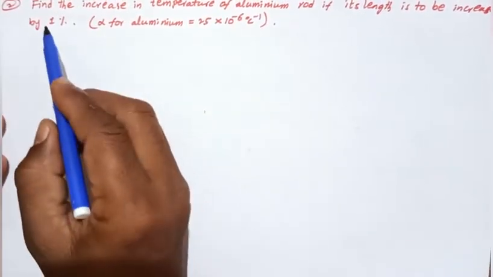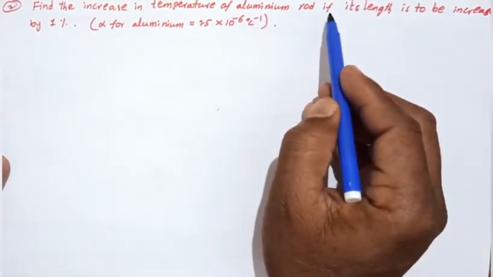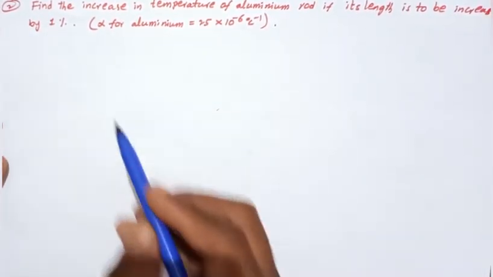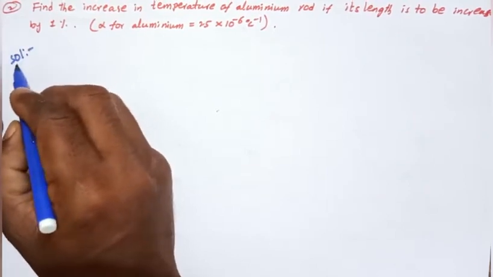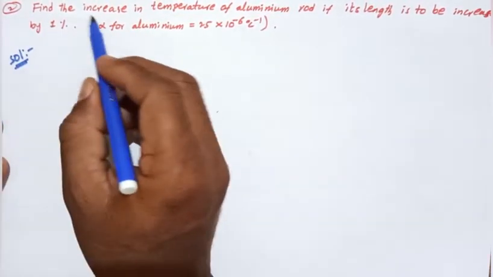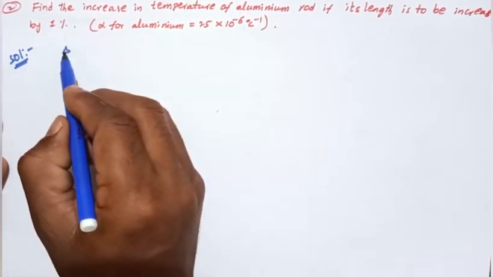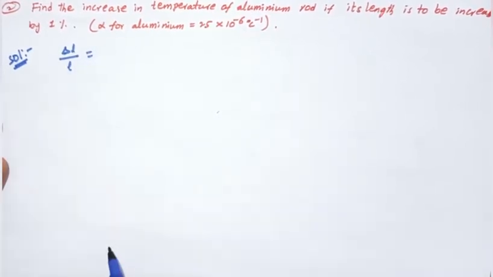Now problem number 2. Find the increase in temperature of an aluminium rod if its length is to be increased by 1%. So it is the fractional increase of length, so delta L by L is given.